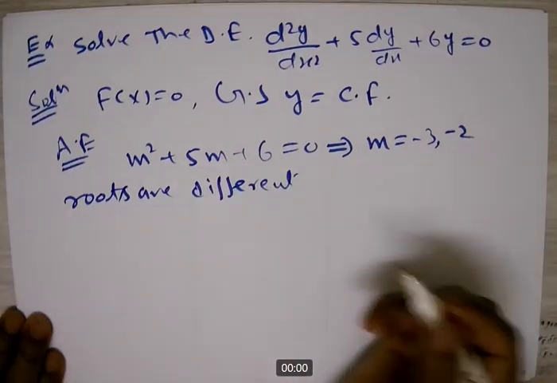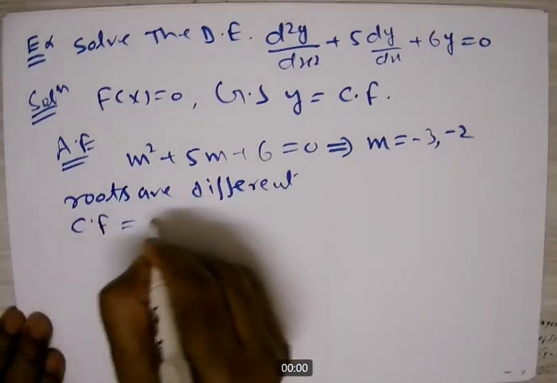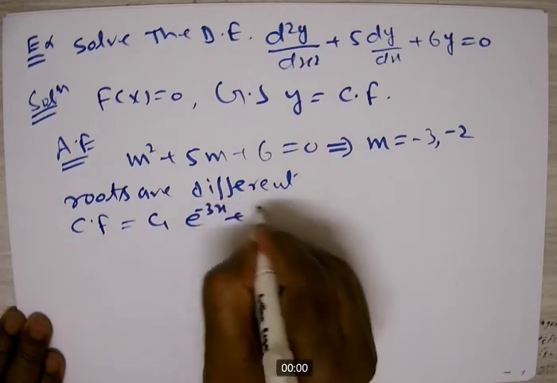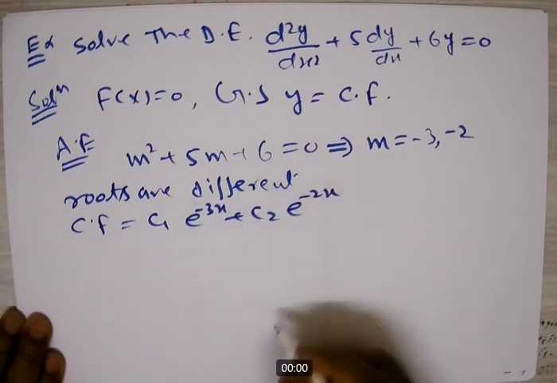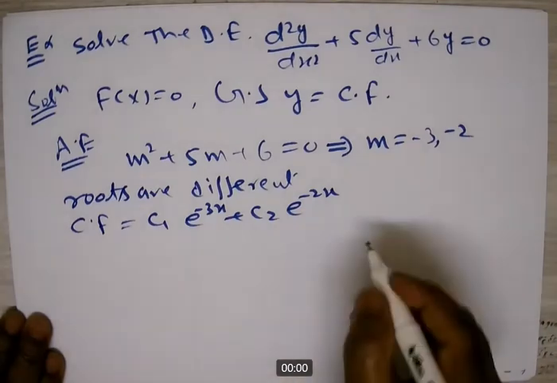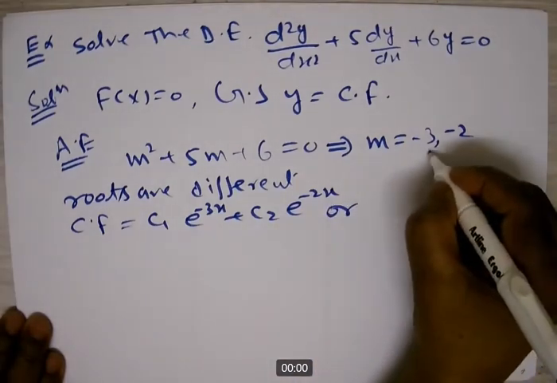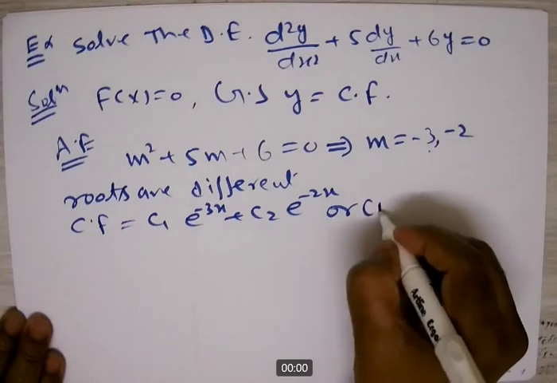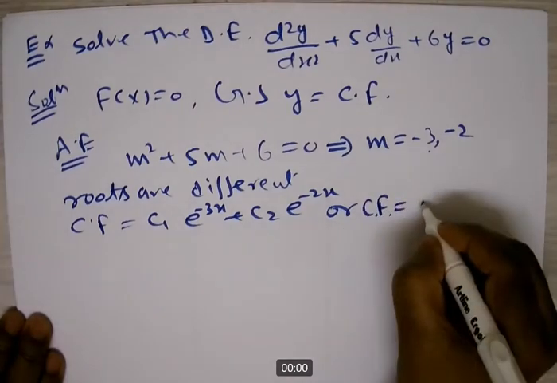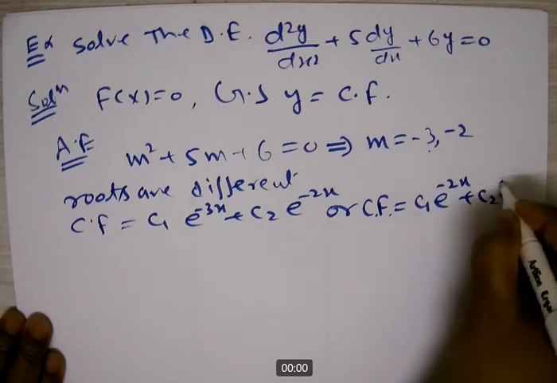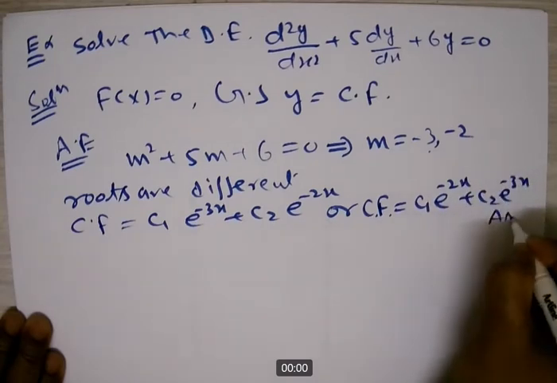Roots are different means the complementary function will be c1 e power m1x plus c2 e power m2x. You can write the CF as c1 e power minus 2x plus c2 e power minus 3x. Both are correct.